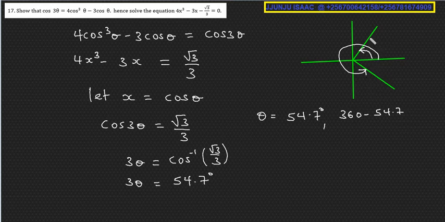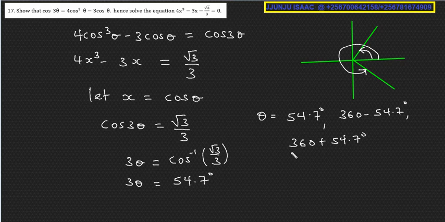Remember, this angle here is 54.7, and with this one 54.7 degrees. The another one is going to be 360 plus 54.7 degrees. Because now you have to move one cycle, then you add that. Another cycle, you add this. But now we shall stop at 3 values of theta.